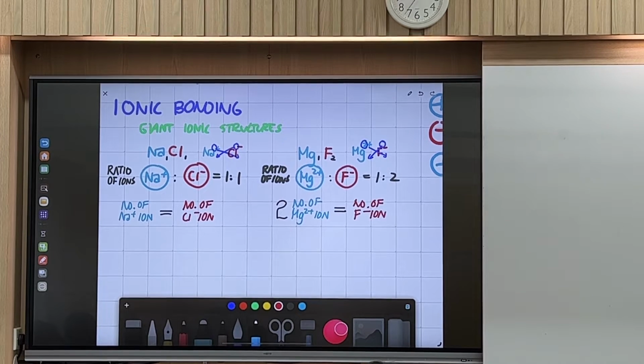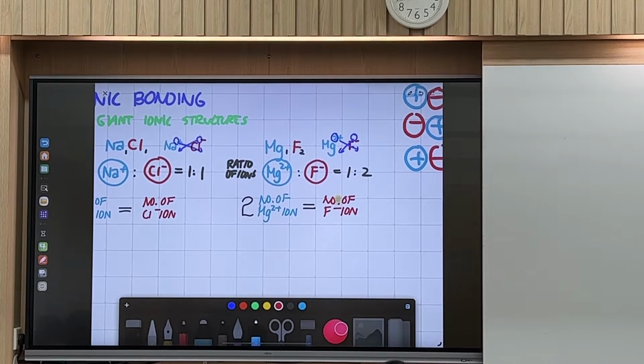This means the number of F- ions is greater, because only when you double the number of Mg2+ ions do you get the number of F-. For example, if you put 2 into this term here, you get 4 for the red term. That means for every 2 Mg2+, you get 4 F-.